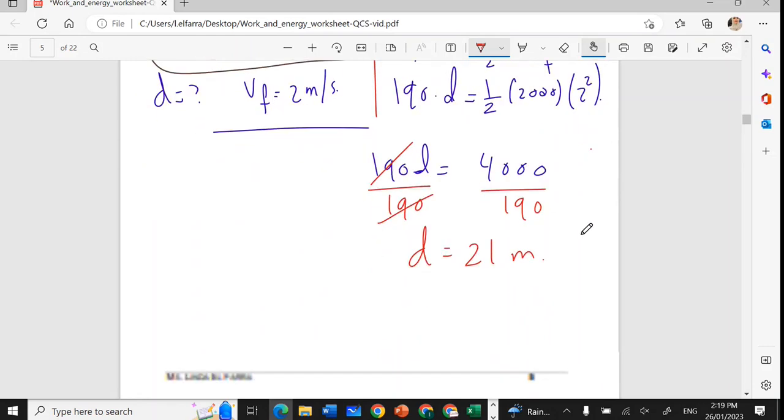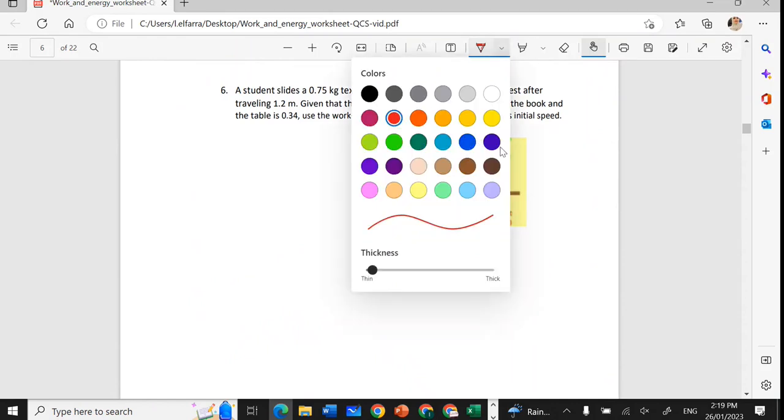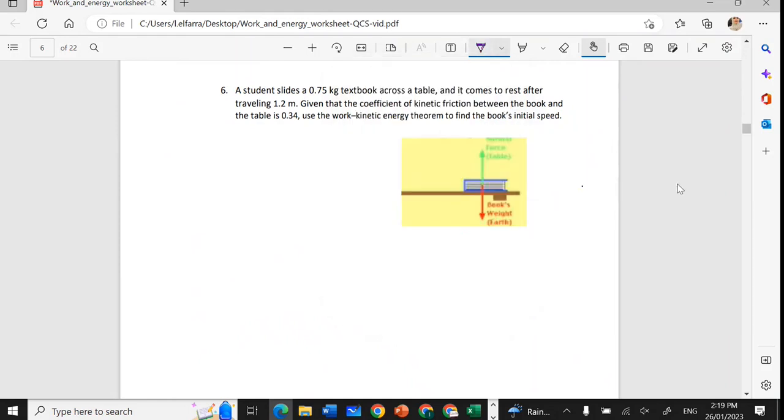Okay. Now the last question we're going to solve is this one. Here we have a student who slides a 0.75 kilogram textbook. So the mass of the textbook is 0.75 kilogram, across a table, and it comes to a rest.